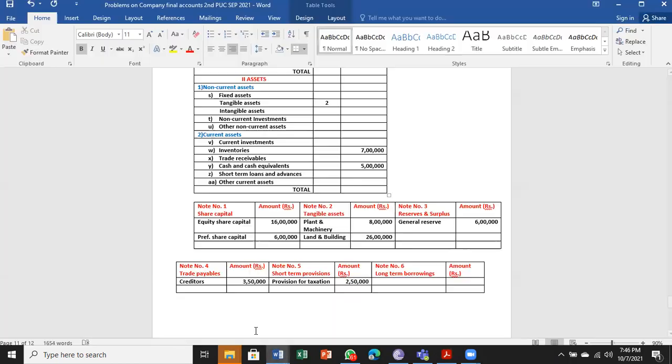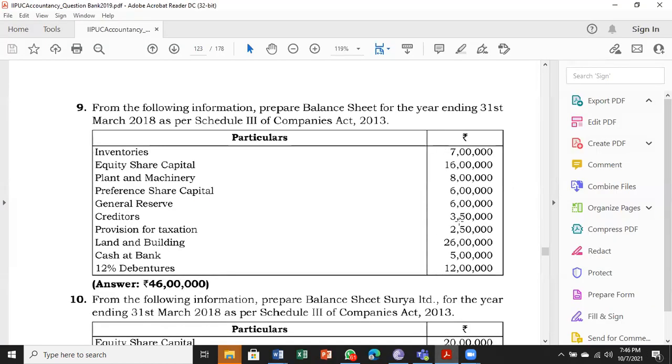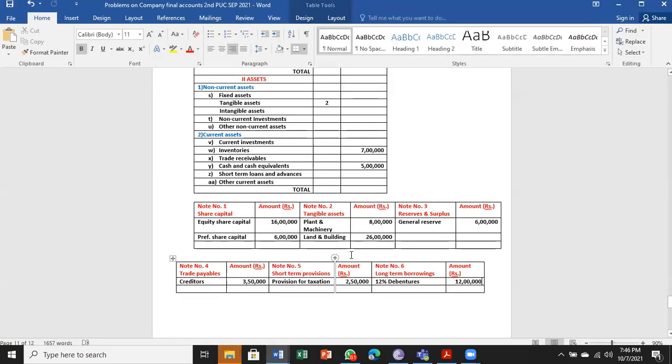So 12% debentures is long-term. Liability. One single amount. So we have taken all the amounts over here. No item is left here. So then once you're ensured that, we can go for totaling.